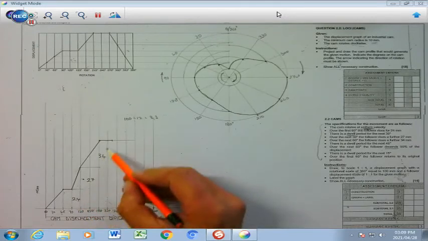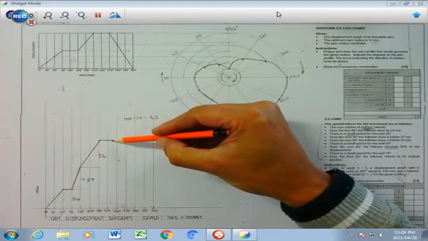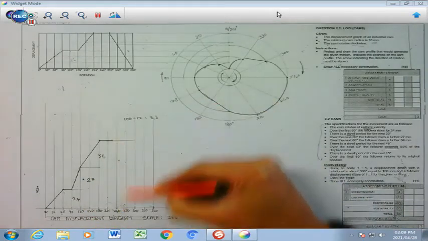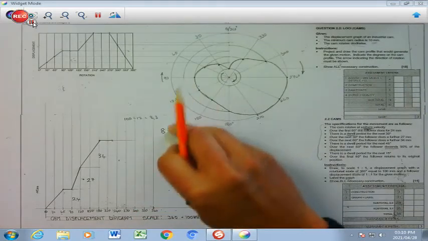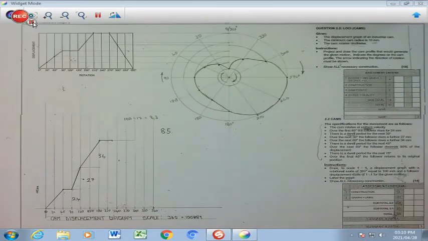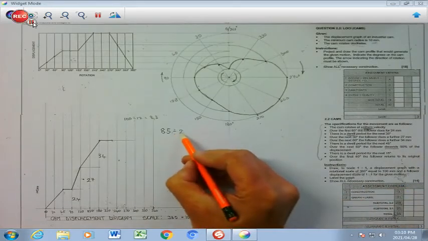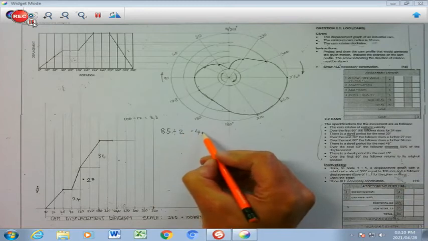So we need to add up all of that to be able to say what my complete height is. And if we do that calculation quickly, we're going to get to an answer of 85. And if you drop or descend by 50%, you need to divide it by 2, and that's going to give you 42.5.